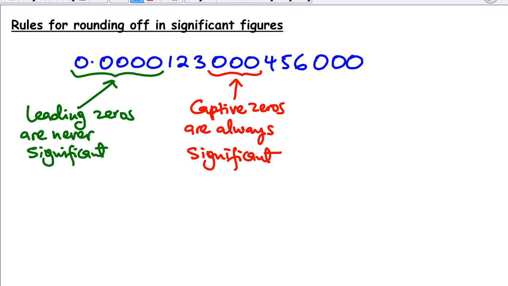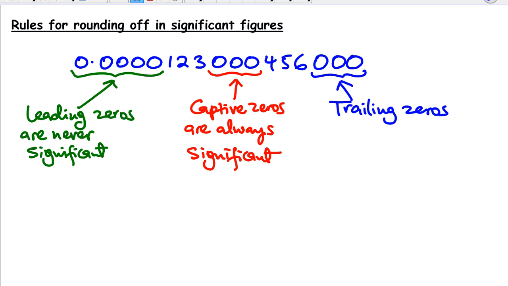And then these zeros at the end, I'll call them trailing zeros. Now, these zeros are only significant if a decimal is to the right.